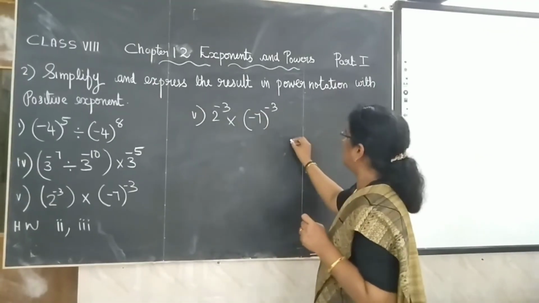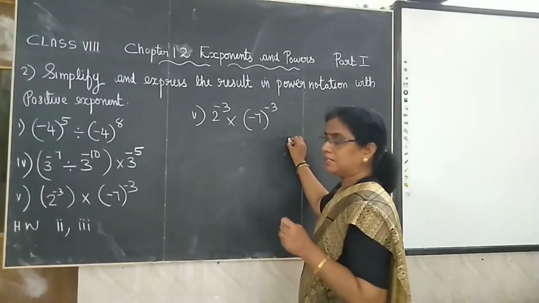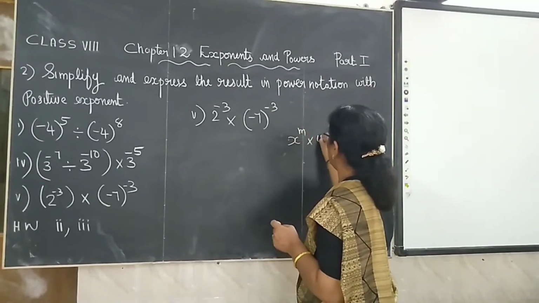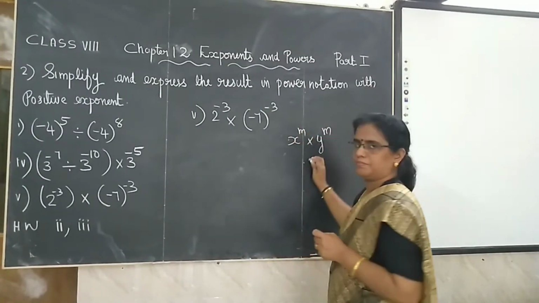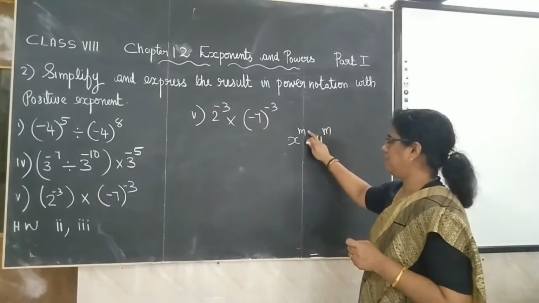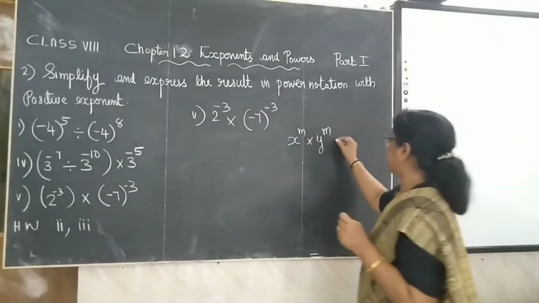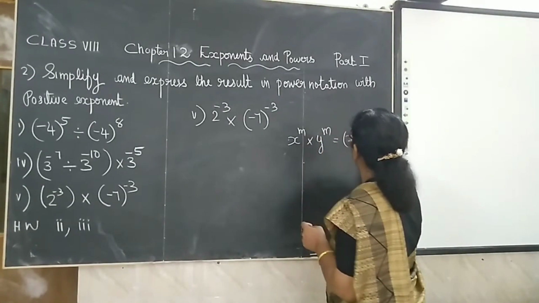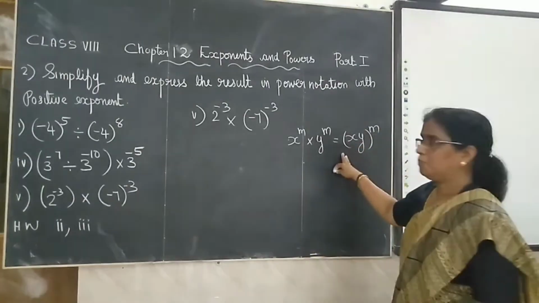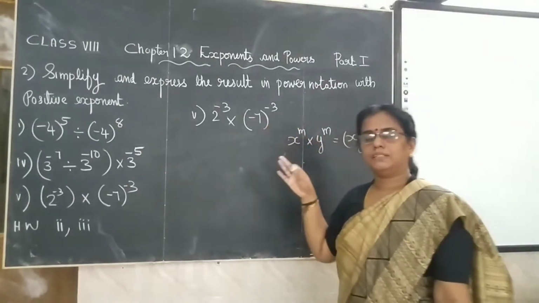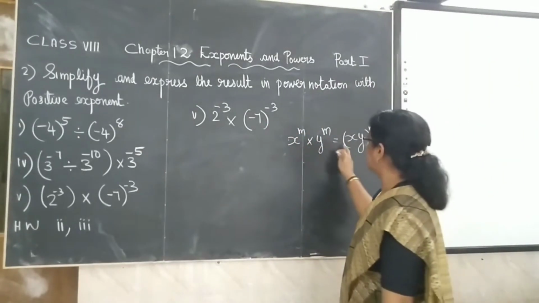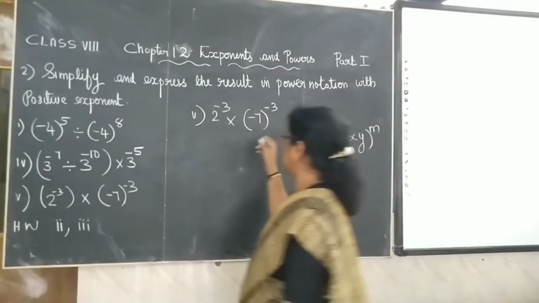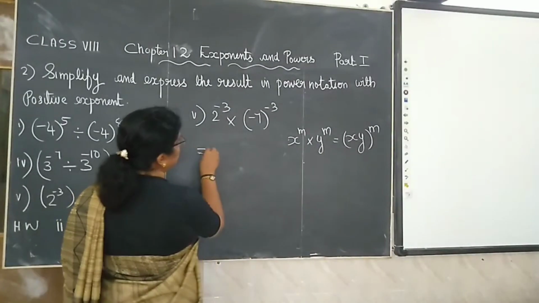We studied a law of exponent: x raised to m multiplied by y raised to m. If the powers are the same and the bases are different, we can write it with a common power, xy whole raised to m.